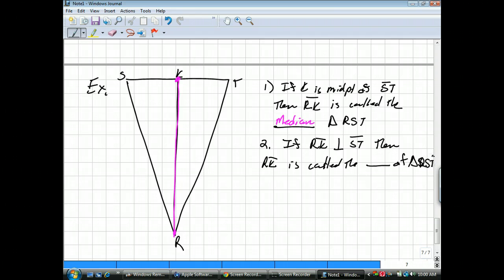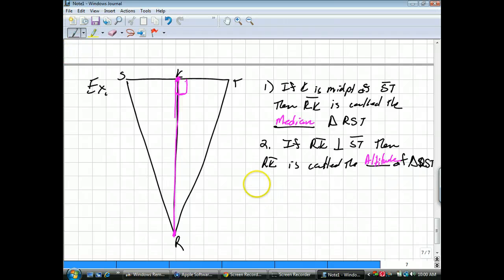Okay? Well, if it's perpendicular, okay, then it's a segment that goes from a vertex to the opposite side and hits it at a right angle, so that would be an altitude.